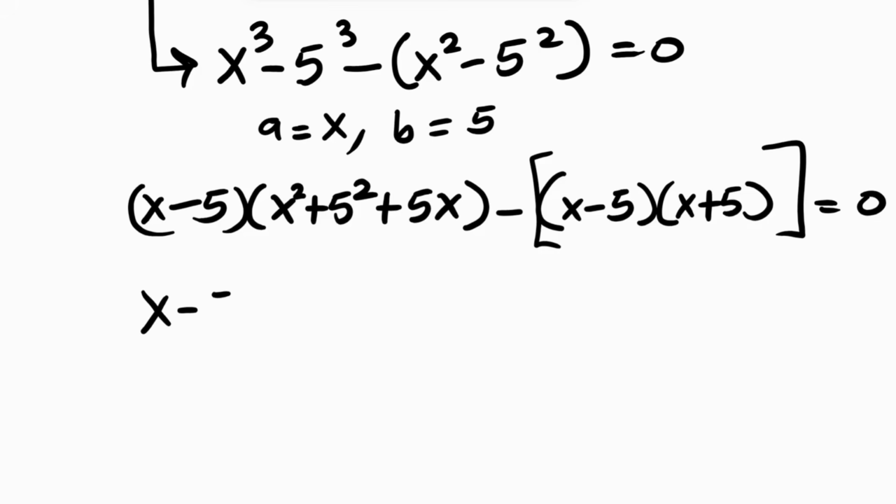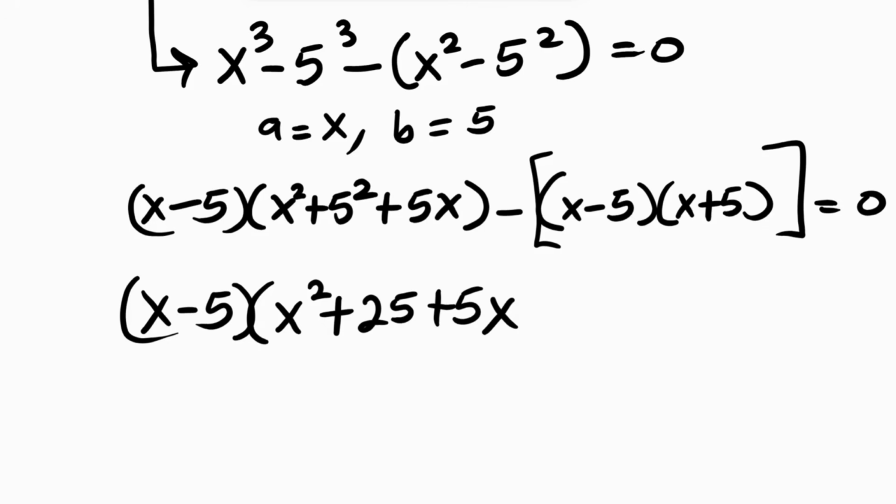Okay, so when we factor out x minus 5, we have x squared plus 5 squared, which is 25, and we also have plus 5x, minus times what we have here will give us minus x minus 5 equals 0.